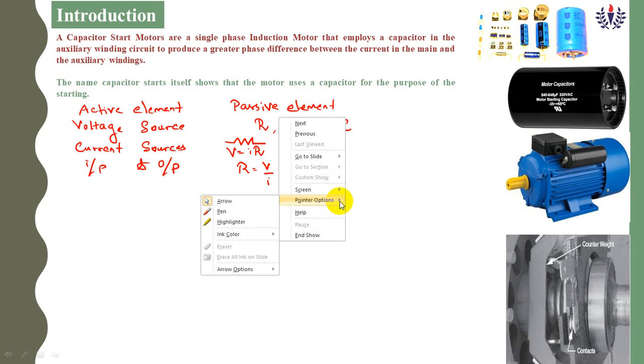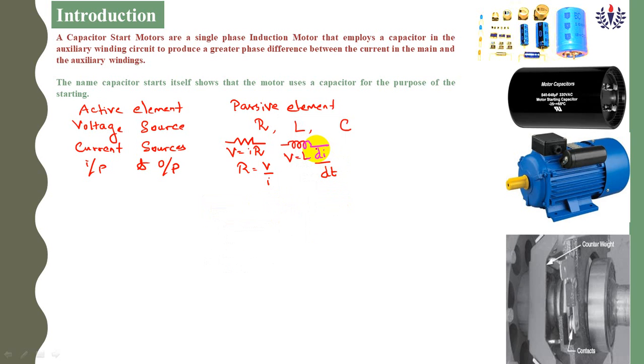The inductance is a property which stores energy in the magnetic field. So in the machine, inside the stator there are windings.